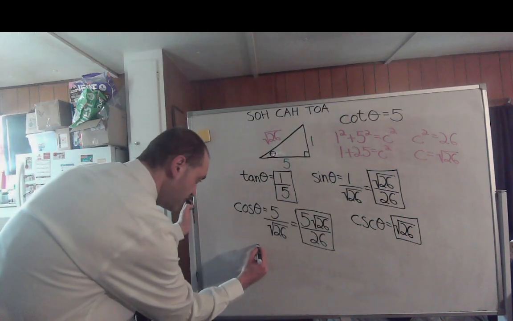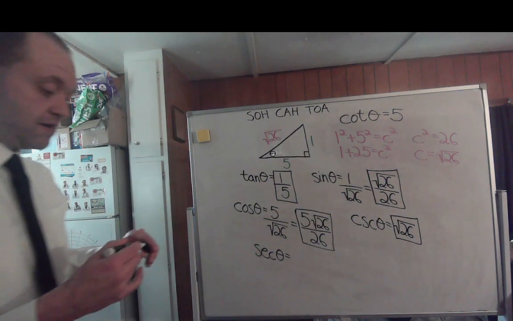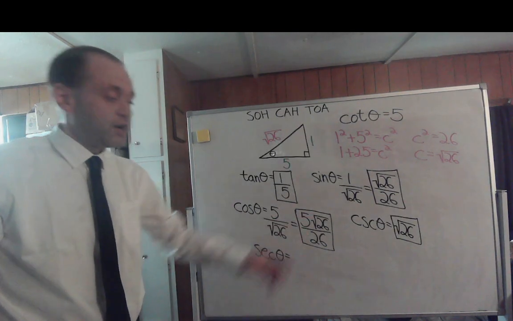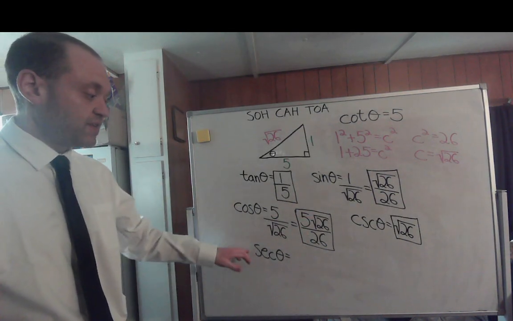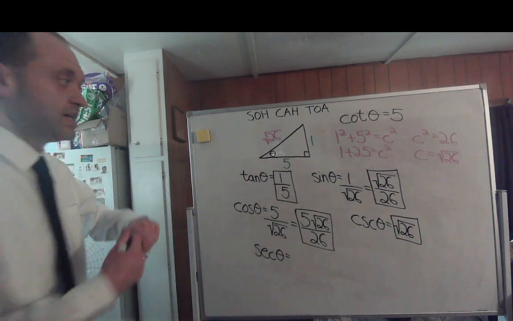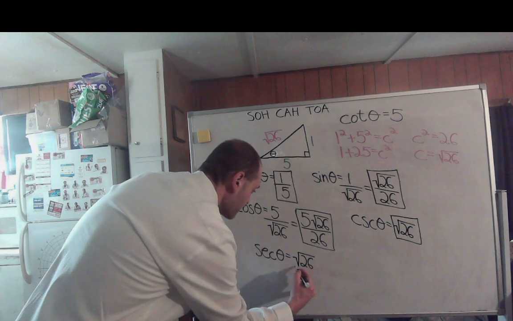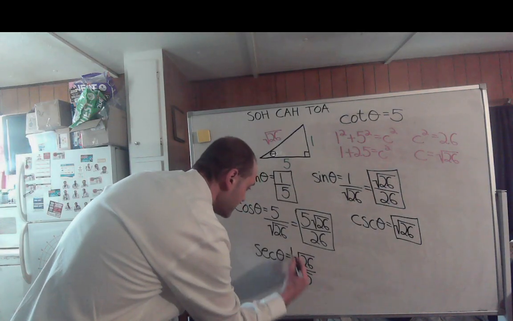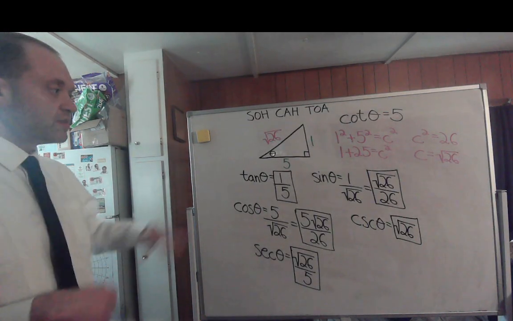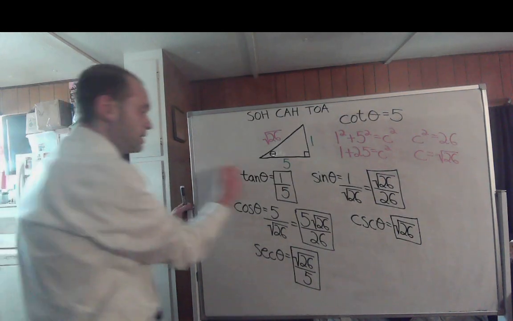Now let's take the secant of theta, which of course is the reciprocal of the cosine. And since you have a radical in the numerator, again, it might be easier just to use the fact that the secant of the angle is the hypotenuse over the adjacent leg. So you would get the square root of 26 over 5 as your secant. So those are your other trig values for this particular triangle.